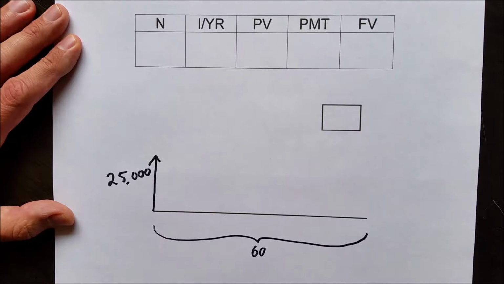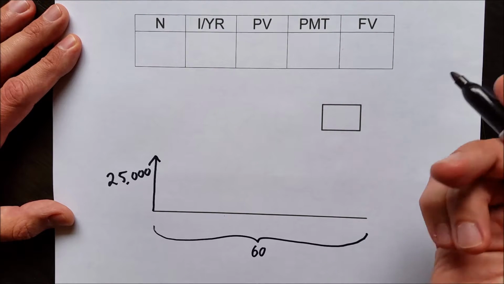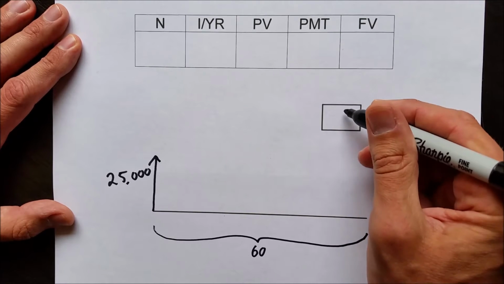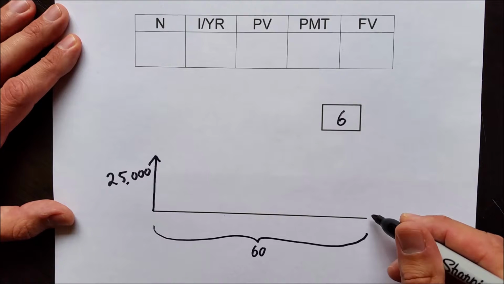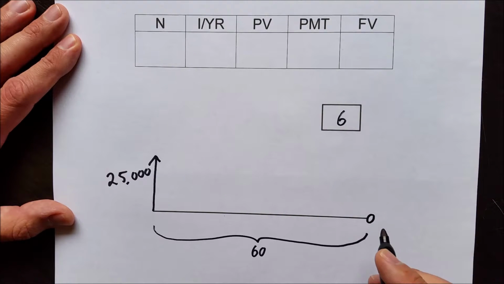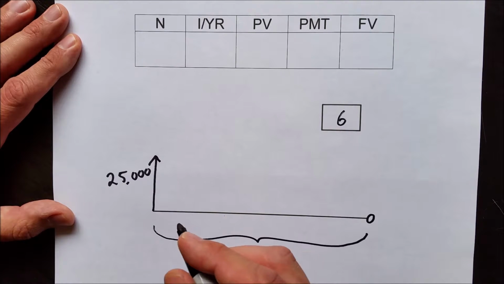Next, we know that there's interest on this loan of 6%. So we see this box right here, and we put 6 right there. And finally, we know that the loan will get paid off at the end of 60 months. So we put a little 0 there to represent that everything is paid off at the end. Then finally, what we're solving for are payments.